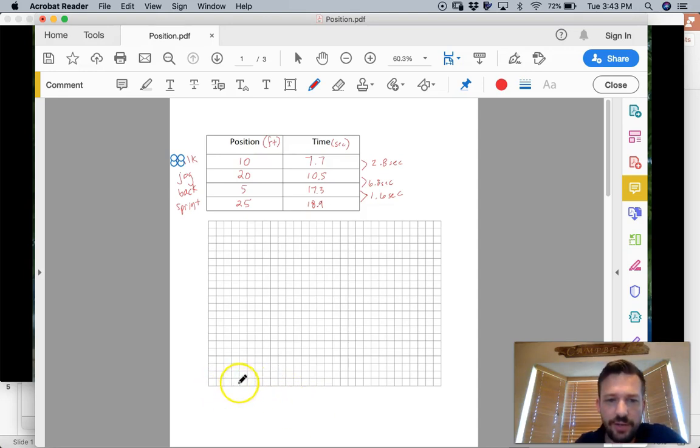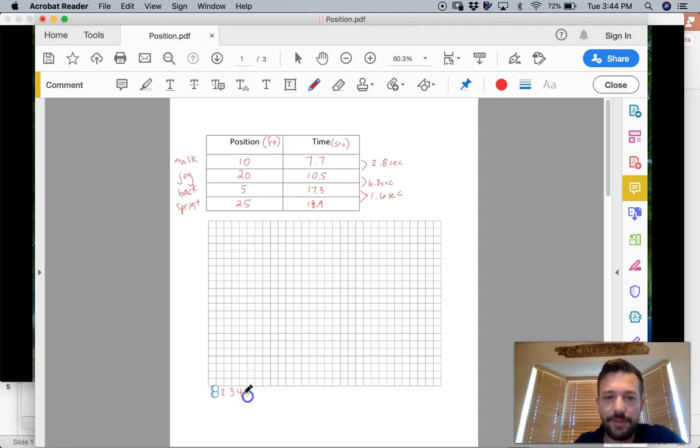1, 2, 3, 4, 5, 6, 7, 8, 9, 10, 11, 12, 19. Okay, so there's 19 right there. So I'm not going to be able to double the amount. So I'm just going to do every line as 1 second. So we got 1, 2, and sorry guys, it does that thing on the first one that I draw.